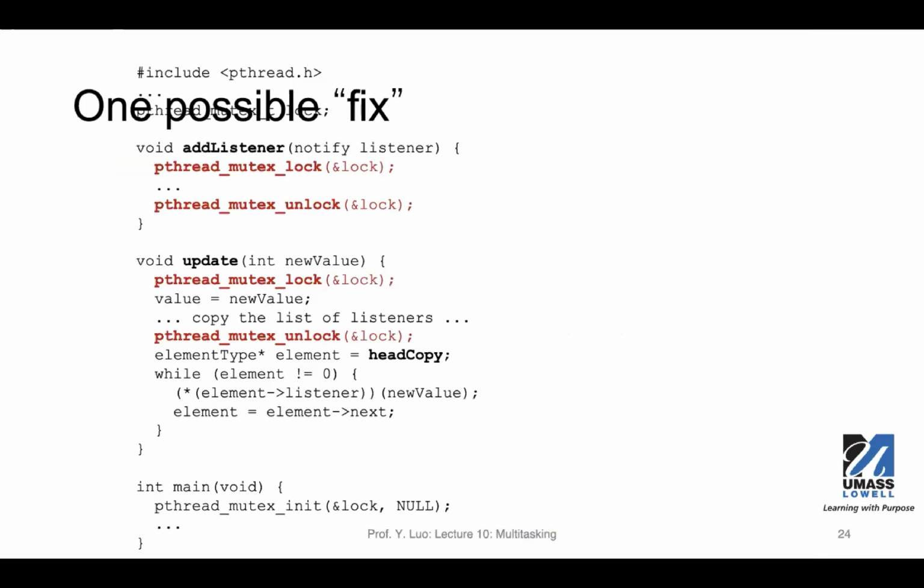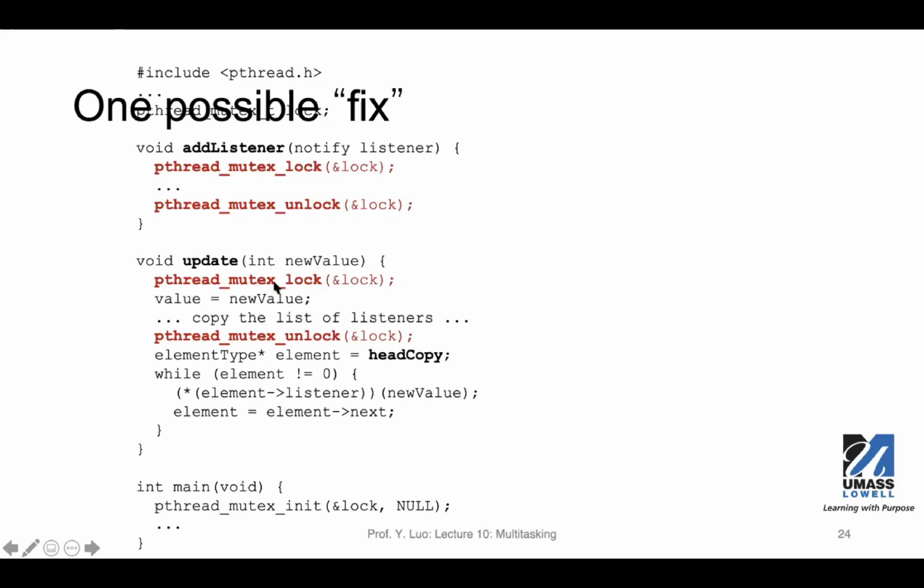One possible fix of that is to use copies of shared variables. In this case, we copied the list of listeners before we access them. So this will reduce the possibilities of deadlock and also avoid race conditions.